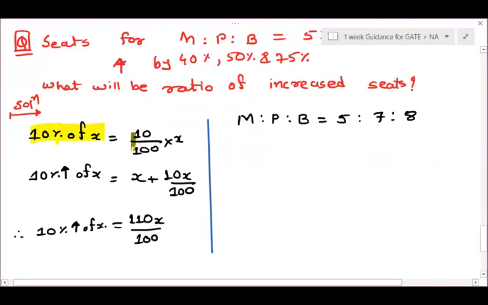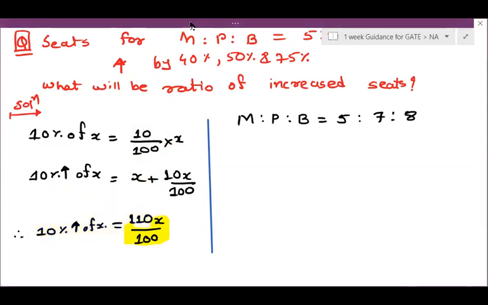See, 10% of x is 10 by 100 into x or not? Okay. Now 10% increase of x. Increase means we have to increase x by 10%, right? So x is originally this, increase means plus, and we have to increase 10%. So it is 10x by 100. So x plus 10x by 100. 100 into x is 100. 100 plus 10 is 110x by 100. So 10% increase of x is 110x by 100. Is it clear now?